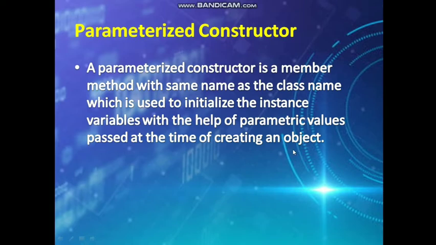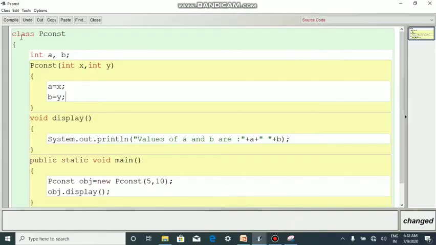In non-parameterized constructors, there were no parametric values or argument values, whereas in parameterized constructors, we have parametric values that will be passed at the time of creating an object, and we'll see through an example. See the example program. Class P const, int a comma b, and a and b are instance variables.